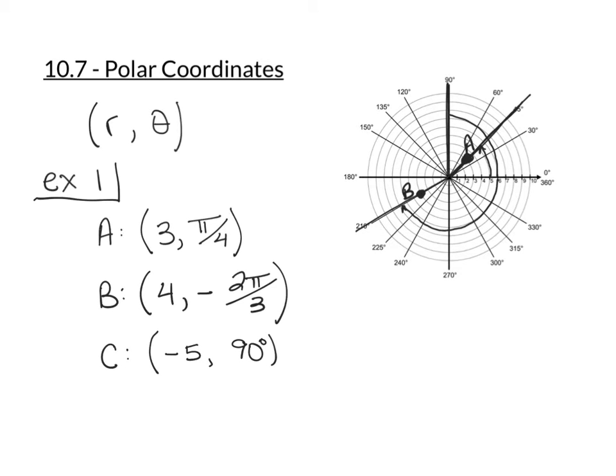But because the radius is negative, this just means that instead of being on this positive 90-degree axis, we have to go the opposite direction and plot 5 units from the origin down here. So that would be putting me right 1, 2, 3, 4, 5 right here on this circle, and that would be where point C is located.